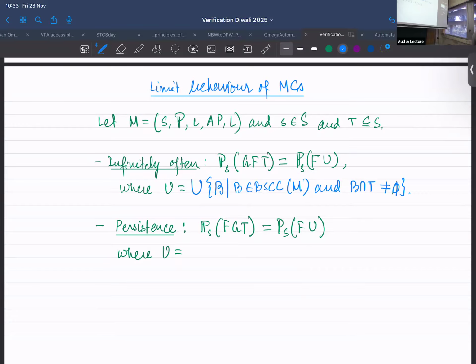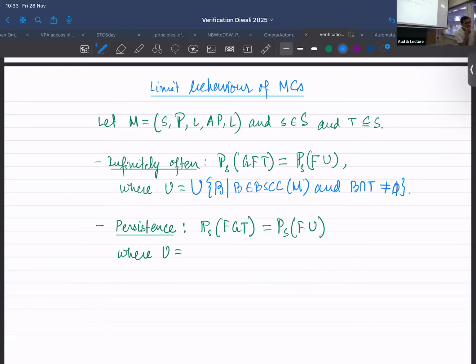What about eventually globally T? Eventually, I'm going to see only states from T. So you want the BSCC to be exactly T. T should be a union of some BSCs. What does that mean?